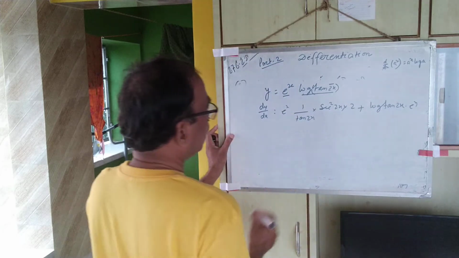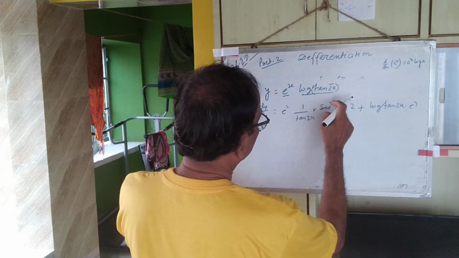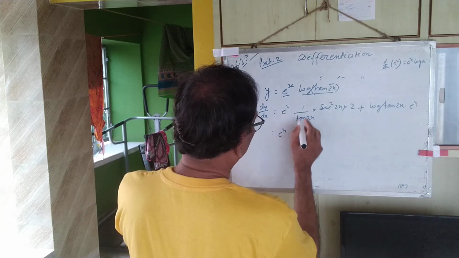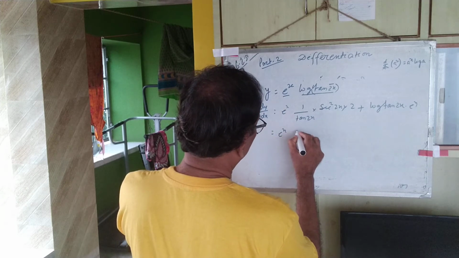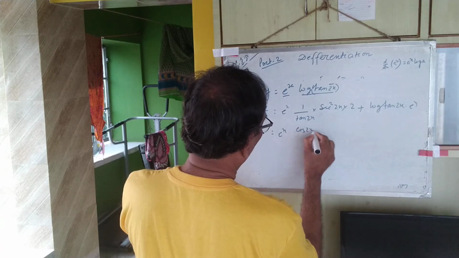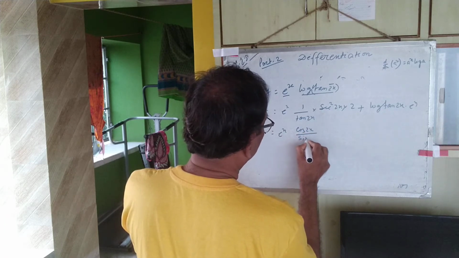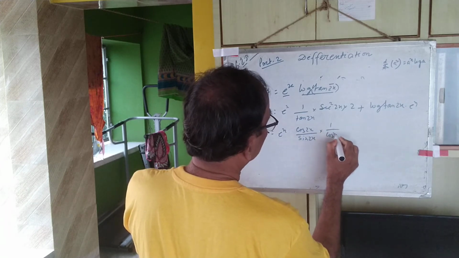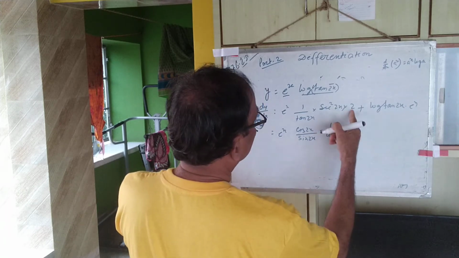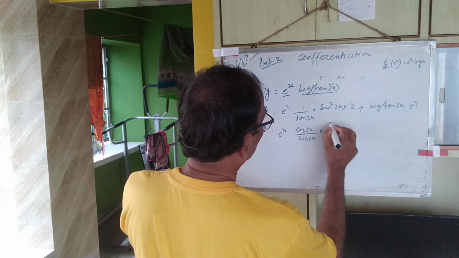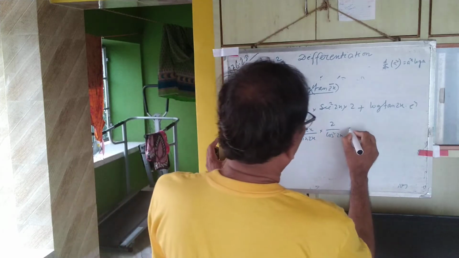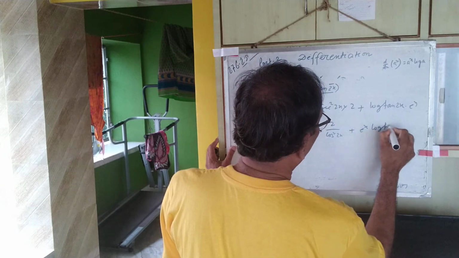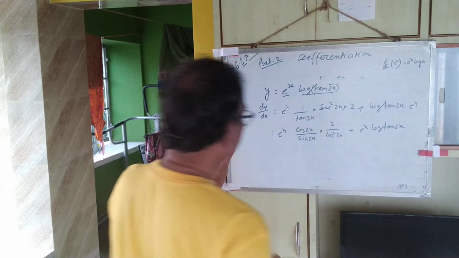Plus log(tan 2x) constant, with the derivative of e to the power x being e to the power x. So sec squared means 1 by cos squared, that is e to the power x, 1 by tan means cot 2x, that is cos 2x by sin 2x into 1 by cos squared 2x into 2, plus e to the power x log(tan 2x).